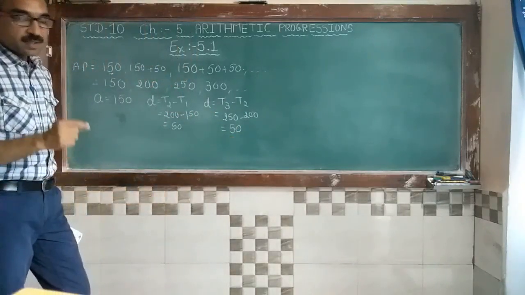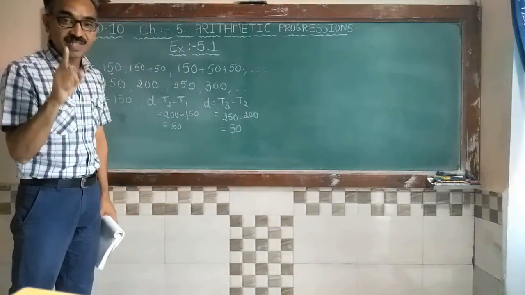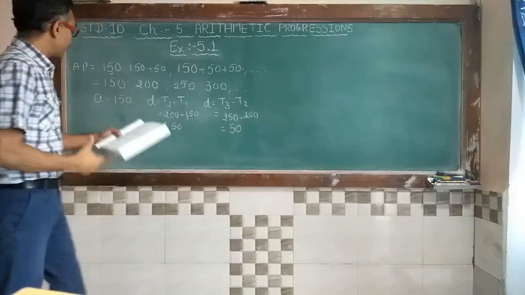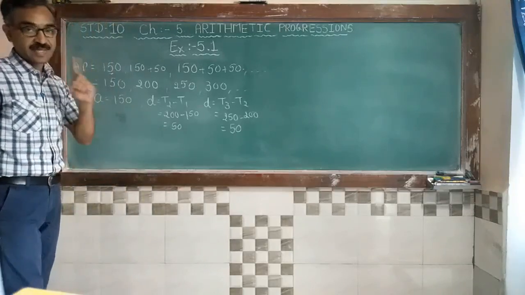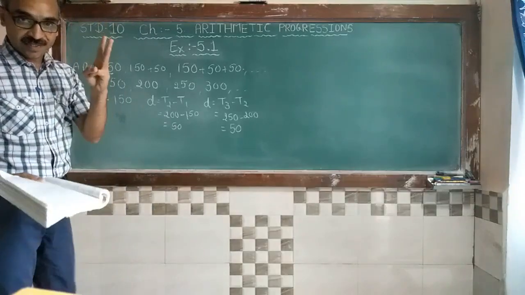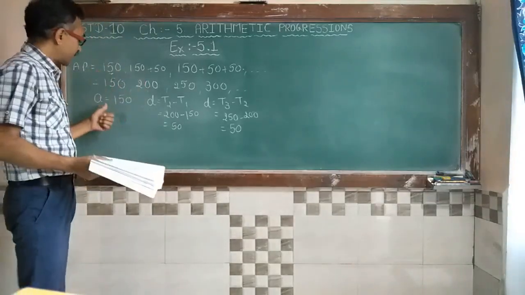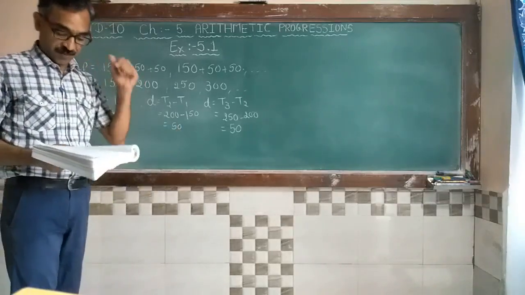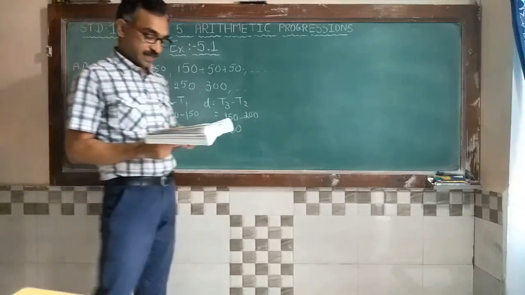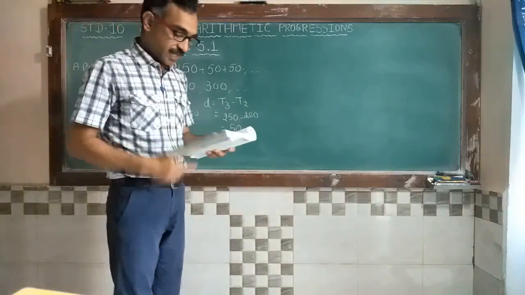For each common difference, always D is 50 and your first term is 150. That means we can say that the third sentence makes an AP where A is equal to 150 and common difference is always 50.